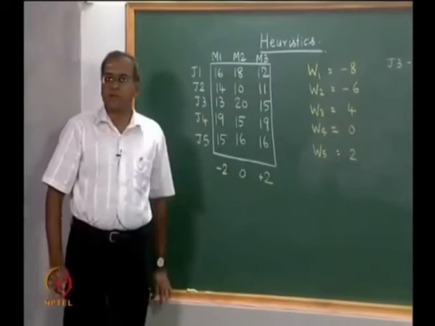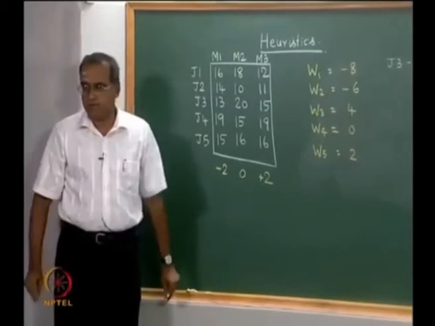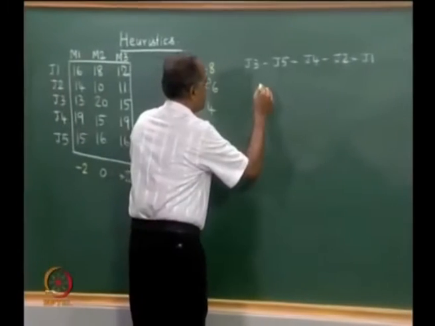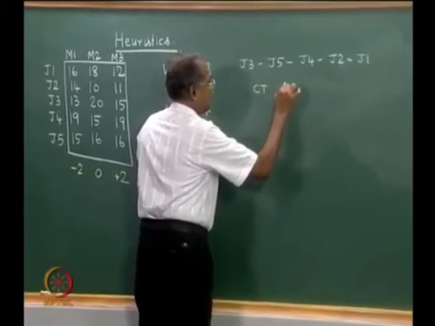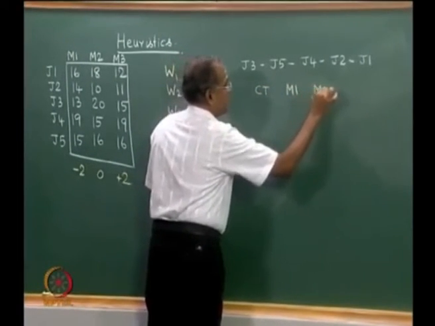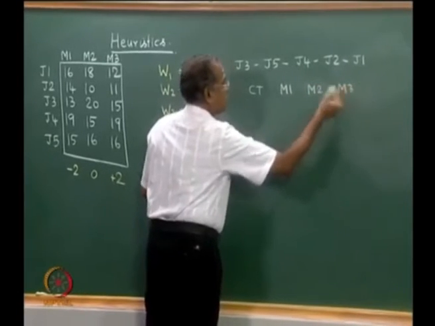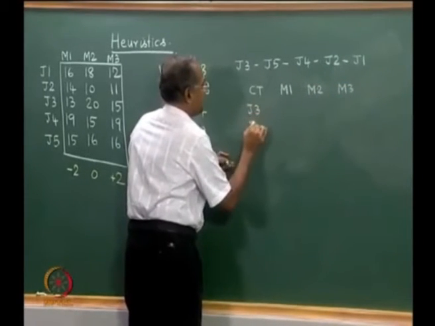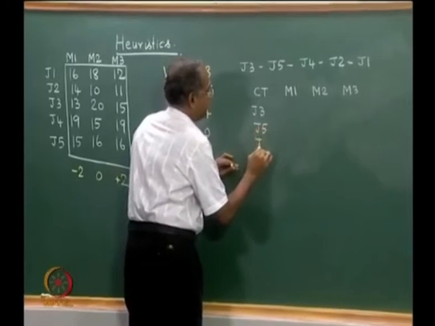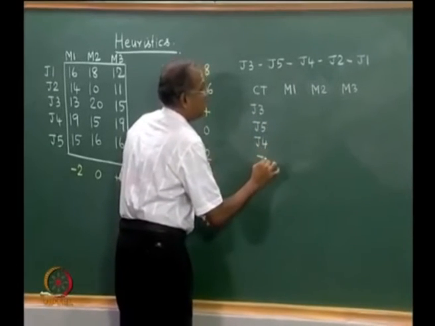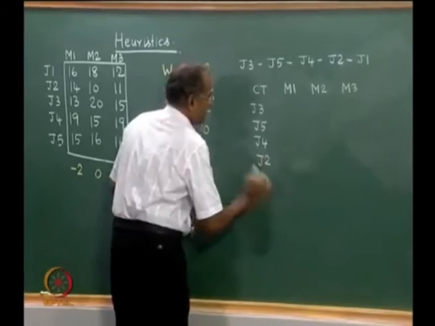Now, for this sequence, let us try and find out the make span. So, we write the completion times for this sequence. We have M1, M2, M3, J3, J5, J4, J2, J1.